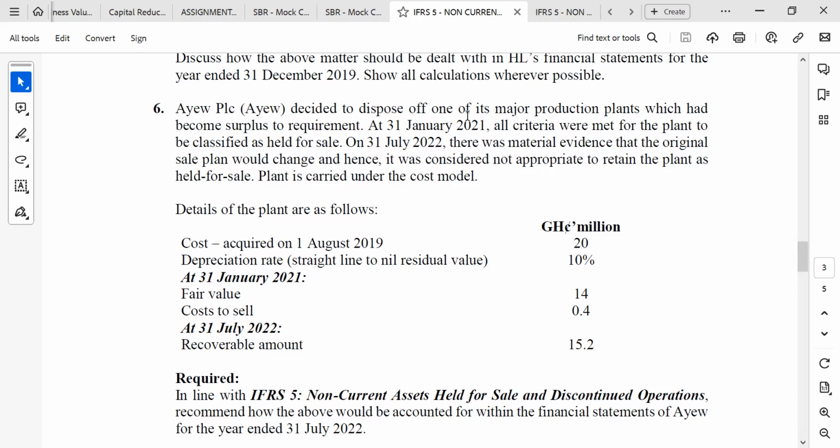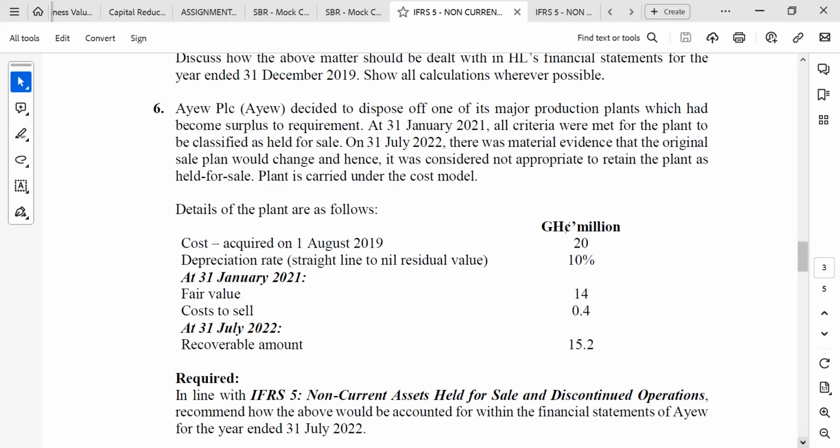The plant is carried under the cost model. Further details of the plant are as below. Required: in line with IFRS 5, Non-current Assets Held for Sale and Discontinued Operations, recommend how the above will be accounted for within the financial statements of IU.